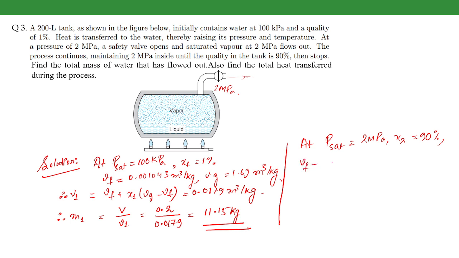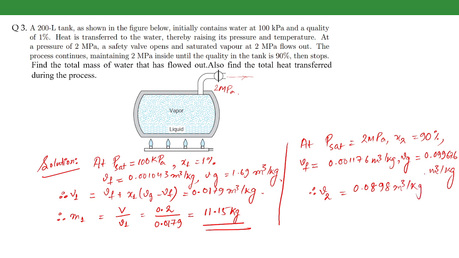The specific volume of the liquid phase is 0.001176 meter cube per kg, and the specific volume of the gas phase is 0.099676 meter cube per kg. Therefore, the final specific volume is 0.0898 meter cube per kg from these values, and the final mass is V by v2, that is the total volume by the specific volume. This is 2.2265 kg. So this is the final mass.